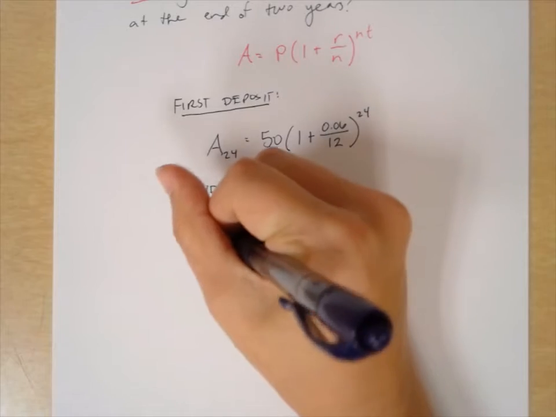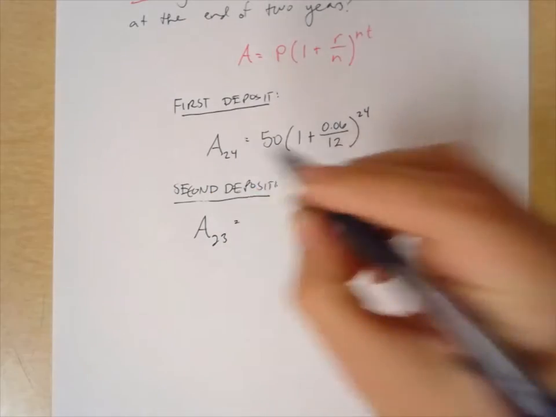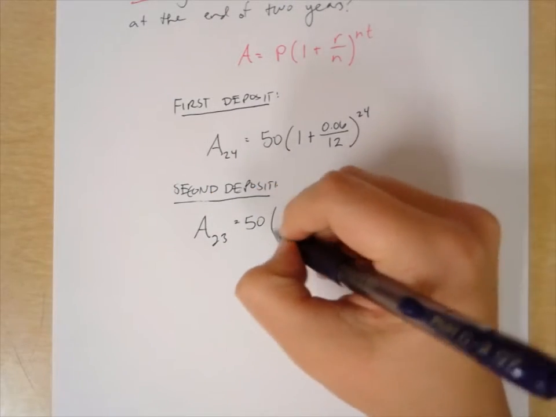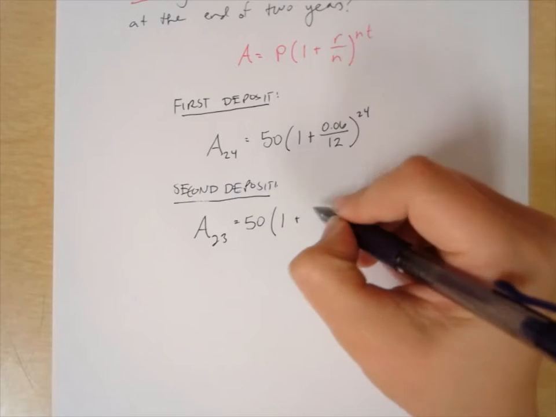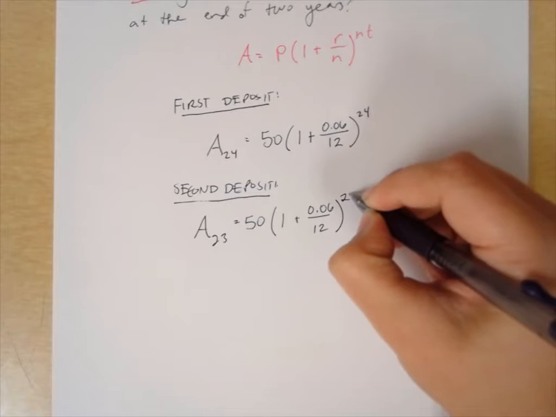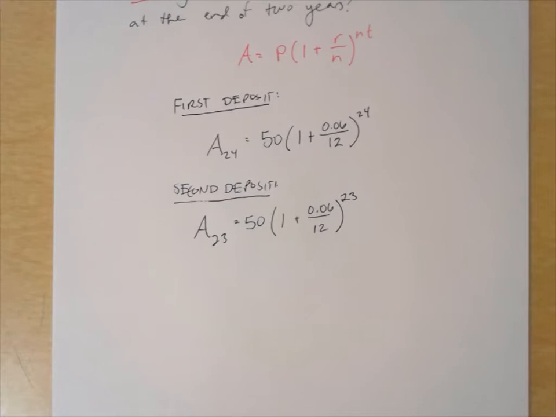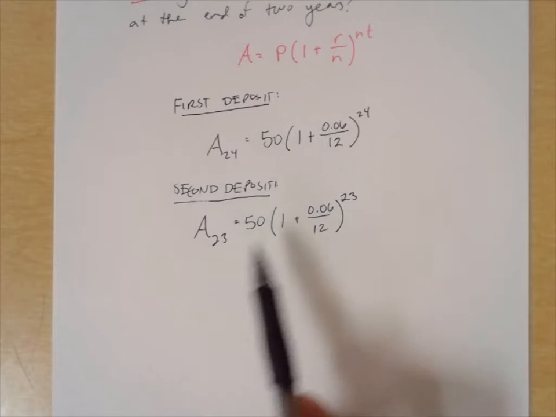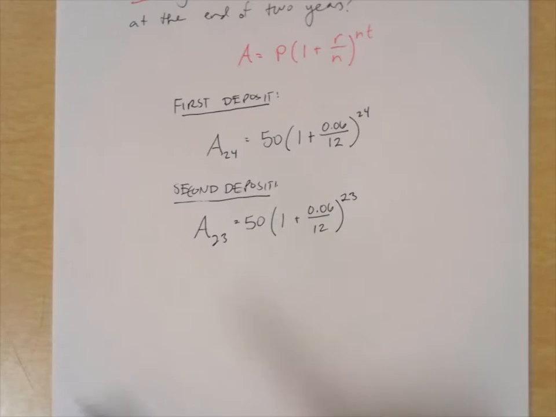So we're evaluating with a 23 as our exponent this time. And that's going to be a pattern that sticks with this whole problem. The third deposit would be a 22. The fourth deposit would be a 21, because the months keep going by, and it's not going to be compounded for as long every time we deposit something in.